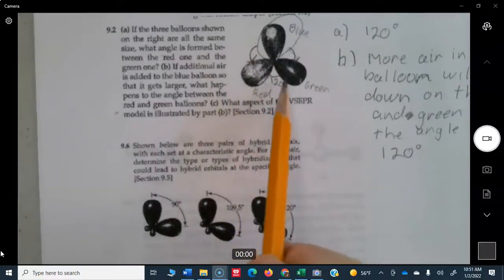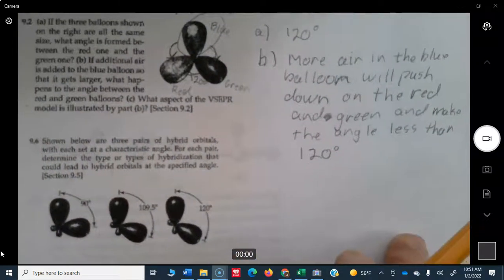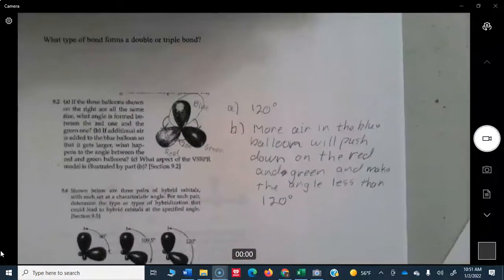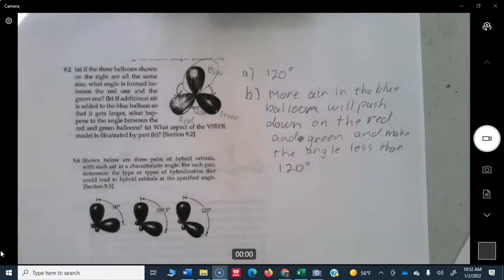It's going to make that angle less than 120 degrees. That's what's going on there. So you can go ahead and pause that and read that if you'd like. More air in the blue balloon, that's the top one, will push down on the red and green and make the angle less than 120 degrees.